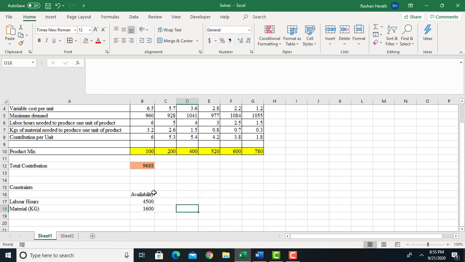So you must maximize this profit, maximize this contribution subject to these two explicit constraints, and also another constraint is there. It is about the maximum demand. Again, at any given point in time, you cannot exceed that maximum demand. So therefore it is also a kind of constraint.